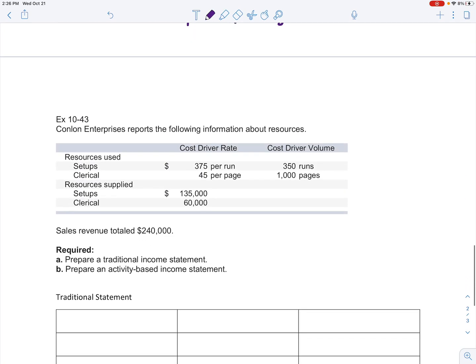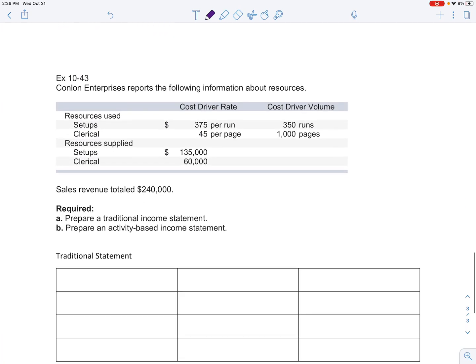The other concept that I want to go through with you is an activity-based costing income statement. Again, we use this to really break down our costs even more, just like we had done in other chapters.